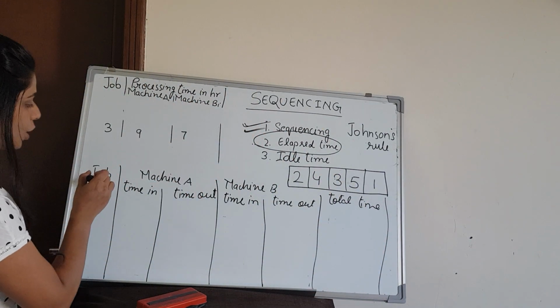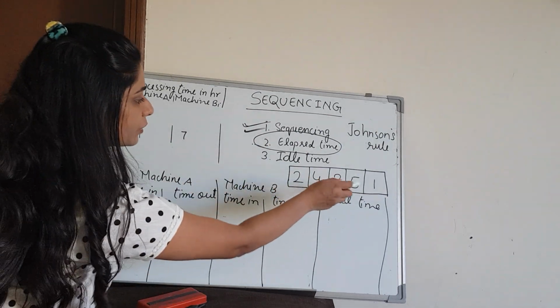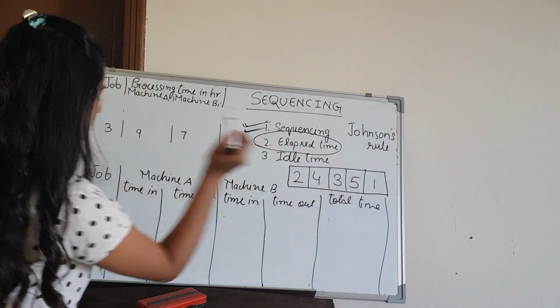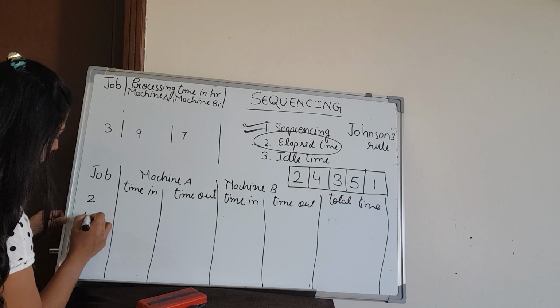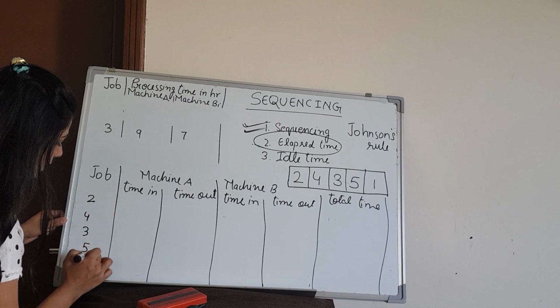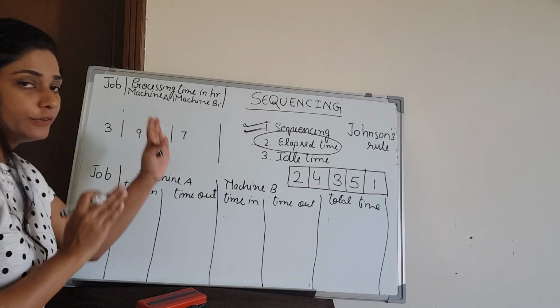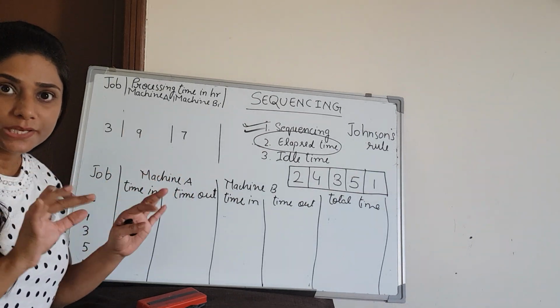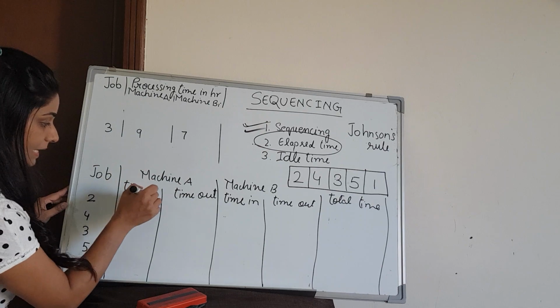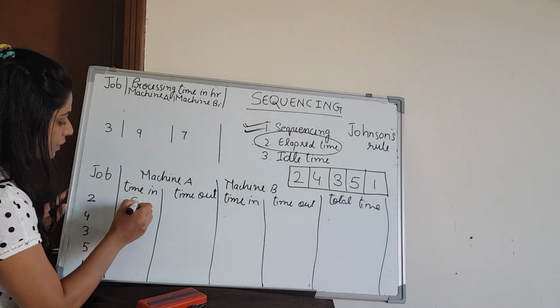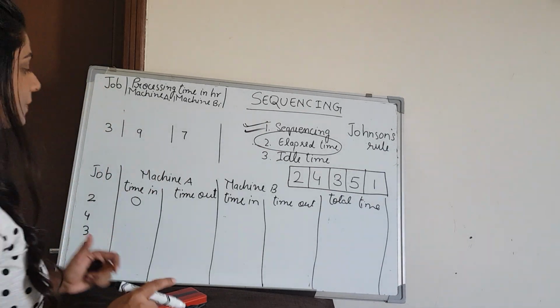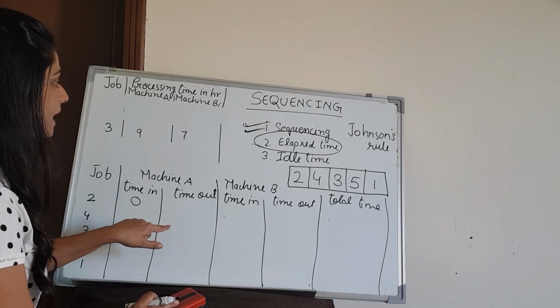Okay, so for jobs we will now follow this sequence: 2, 4, 3, 5, 1. Time in for the first machine will always be 0. Now time out: how do we calculate time out?